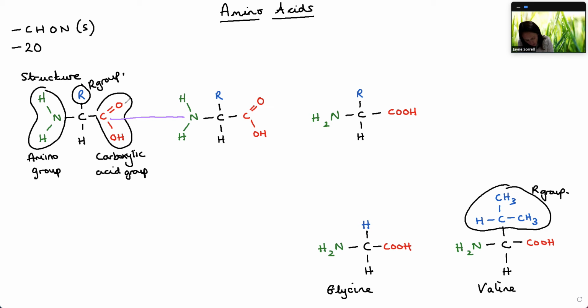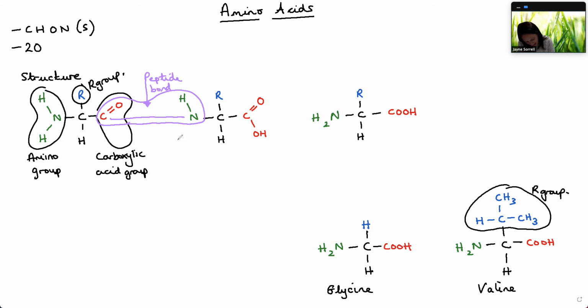Whenever we are asked to label a bond though, we also show the groups that are involved. So this would be our bond here, and the identity of that bond is a peptide bond that has formed. But in order for that bond to form, we need to lose water. So we lose this oxygen and hydrogen from the carboxylic acid group and we lose the hydrogen from that amino group there in the formation of that peptide bond.